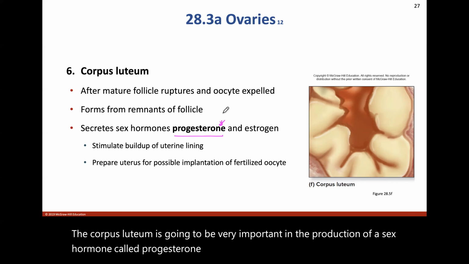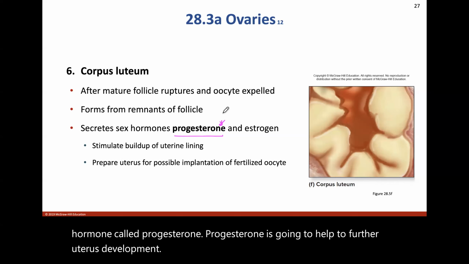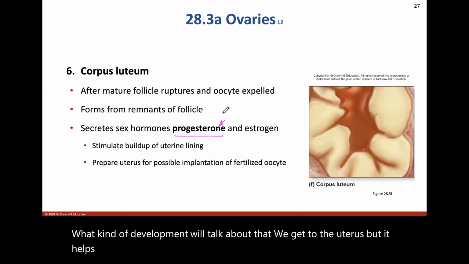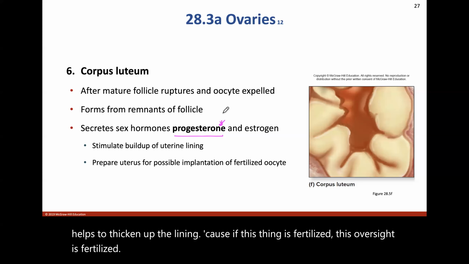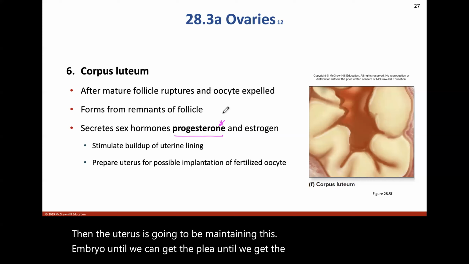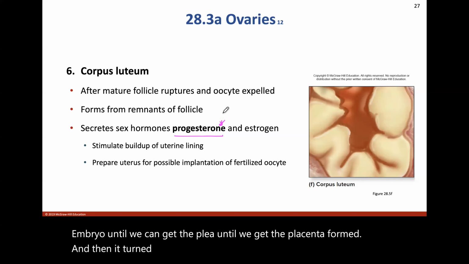Progesterone is going to help to further uterus development. What kind of development? We'll talk about that when we get to the uterus, but it helps to thicken up the lining. Because if this oocyte is fertilized, then the uterus is going to be maintaining this embryo until we can get the placenta formed, and then enter into fetal development.